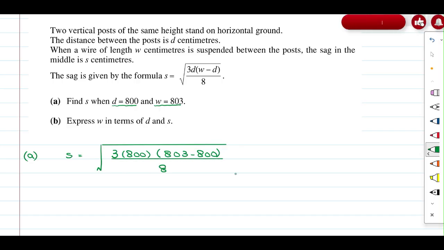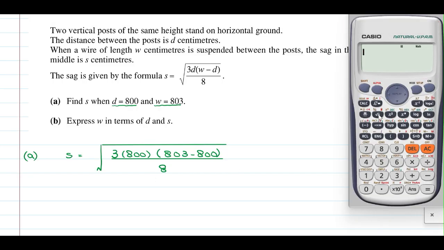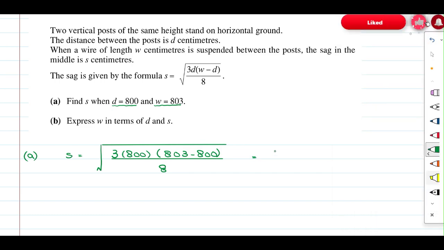We just need to simplify it. So the square root of 3 into 800 into the bracket, 803 minus 800 is just 3, and everything divides by 8. This is 30. So S is 30. S should be in centimeters, so this is 30 centimeters.